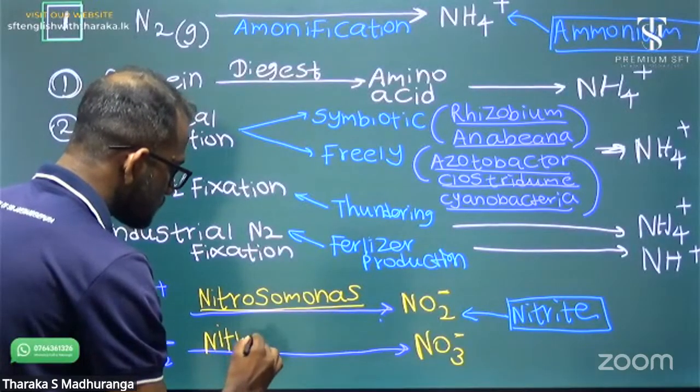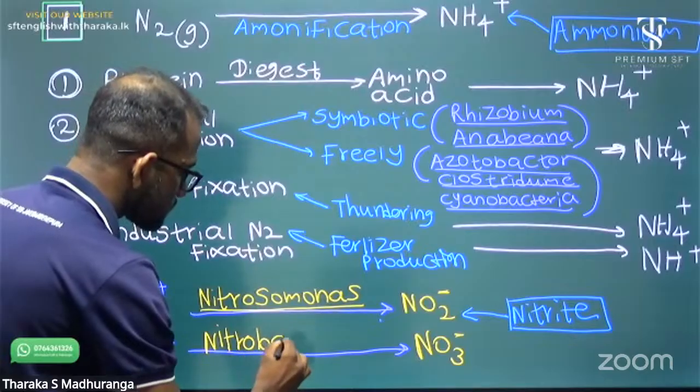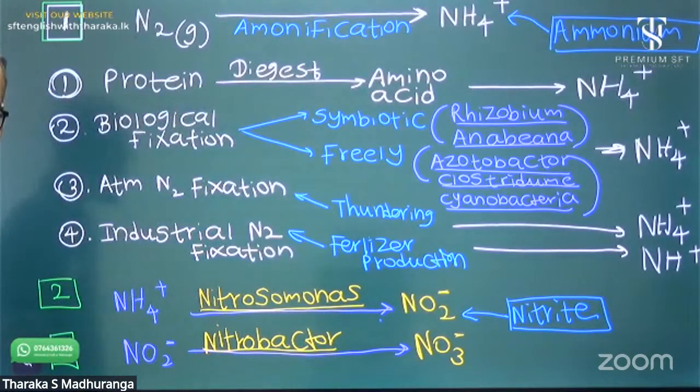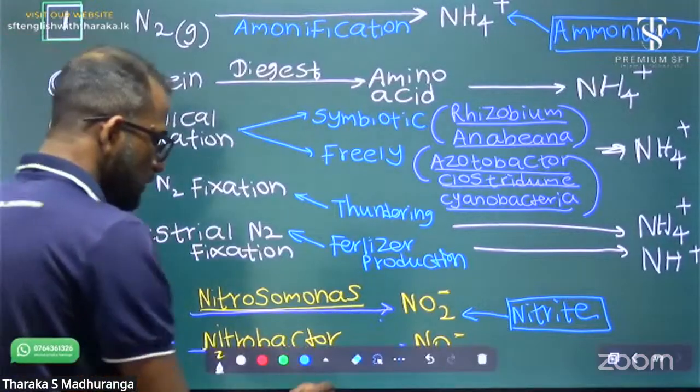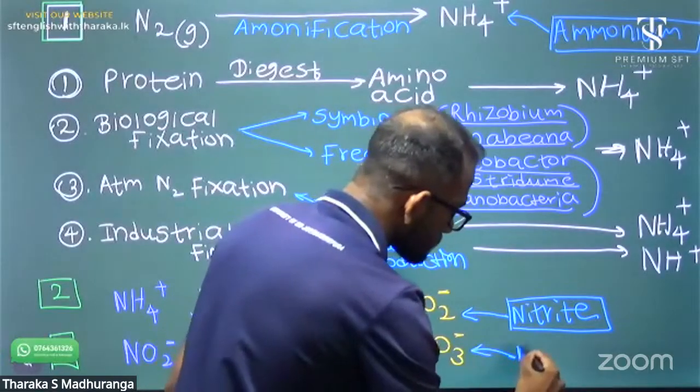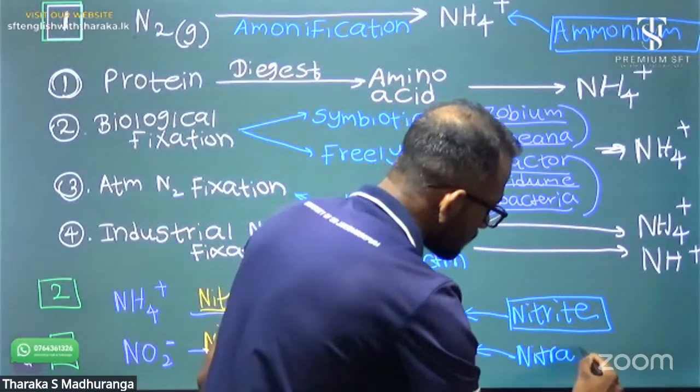Nitrobacter is a bacteria. And this ion is nitrate.